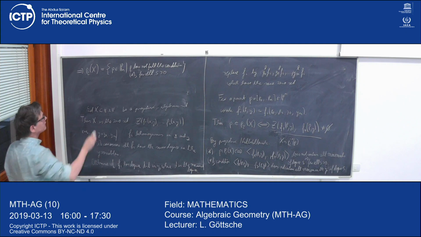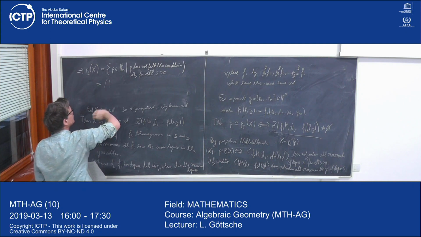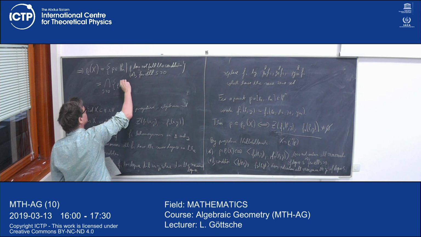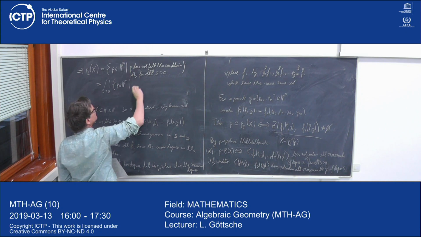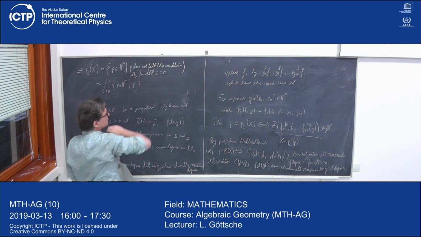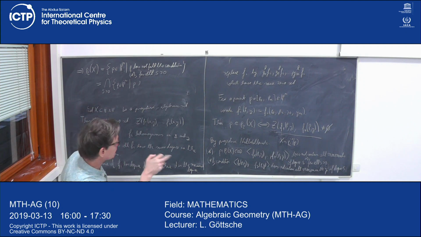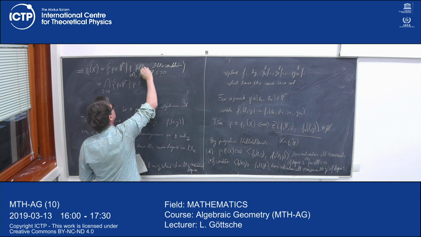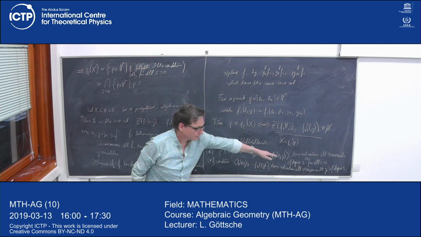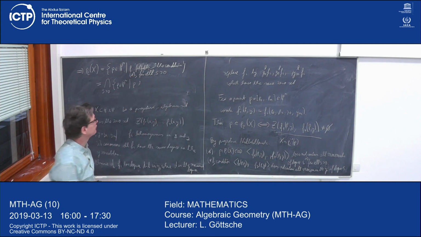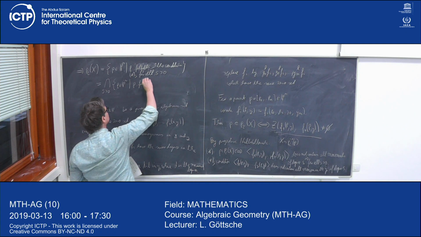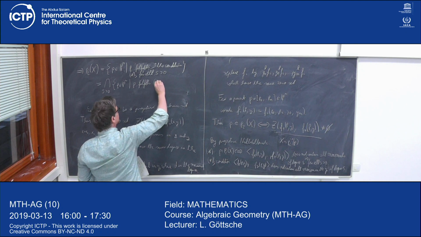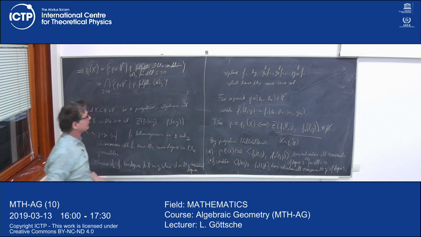Which is the same as saying it is the intersection over all s bigger than 0 of the set of all points P in Pn such that P fulfills star s.